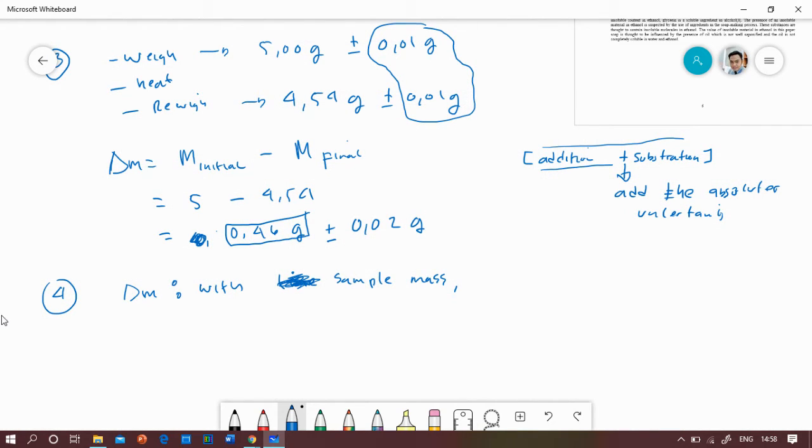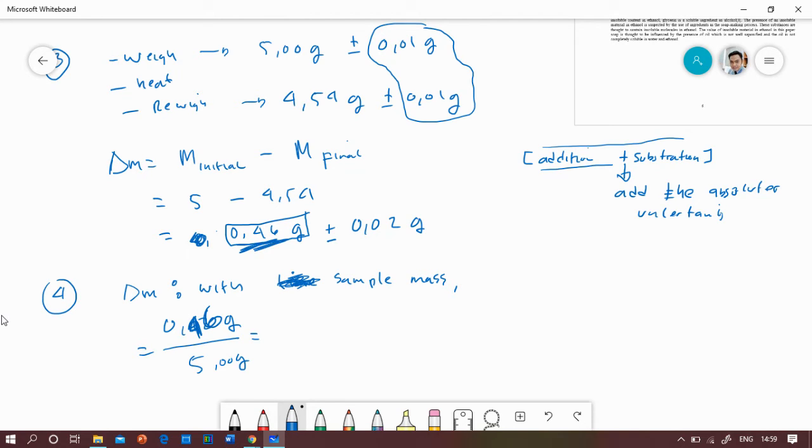My delta mass here is 0.46 gram. I want to divide it with the initial mass because I want to know how many percent of it evaporated.